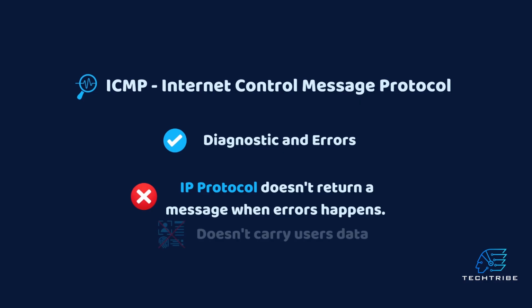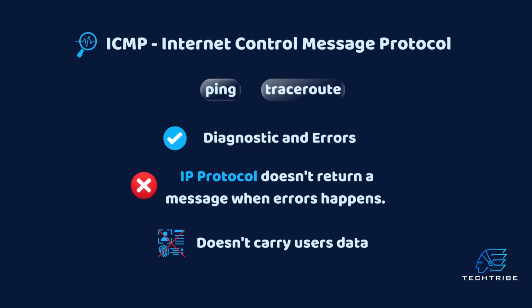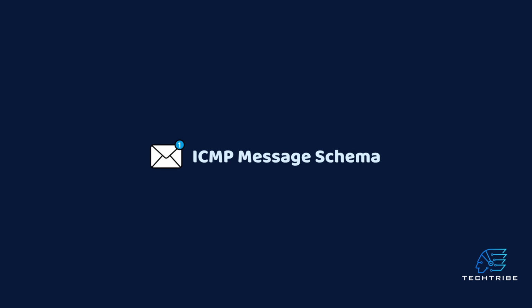Rather than carrying user data, ICMP messages are used to keep the network running smoothly by helping devices identify and respond to connectivity issues. It's the protocol behind tools like ping and traceroute, and while it's essential for maintenance, it's also widely used to perform DDoS attacks.